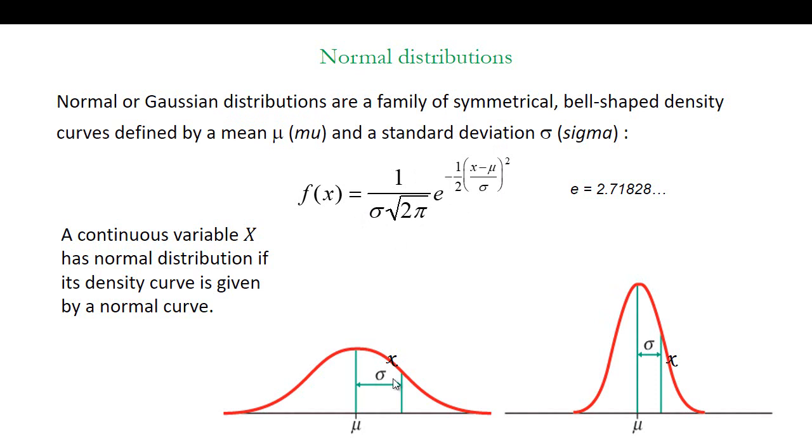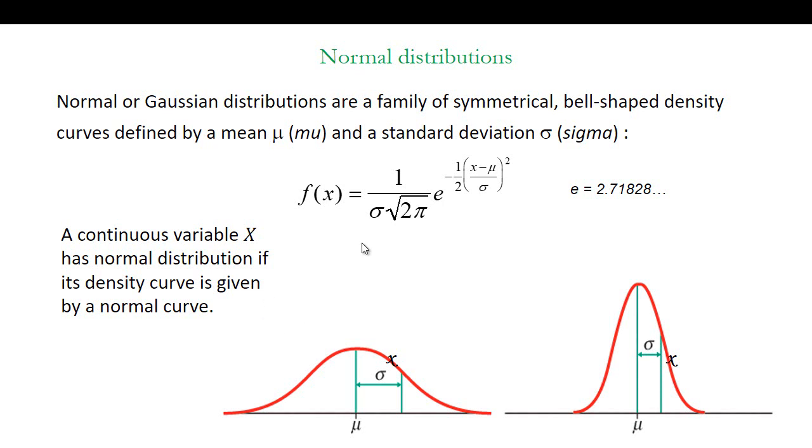So here are two figures where we have drawn two different PDFs with different mu's and sigmas. In the first figure, sigma is bigger than the sigma in the second figure.